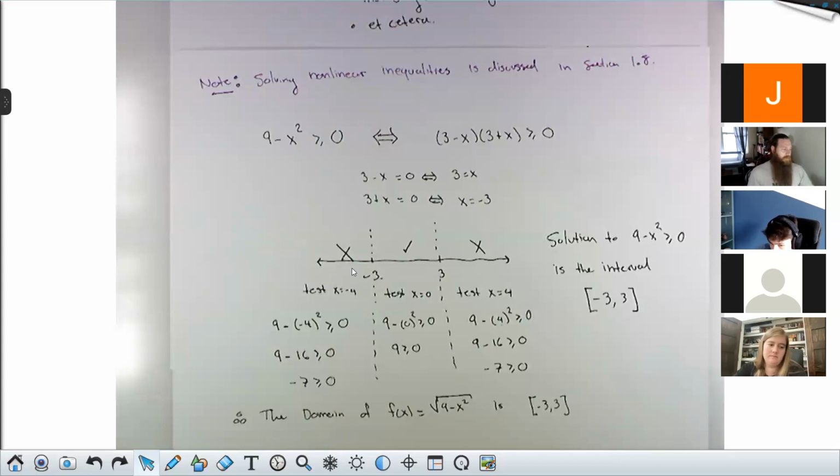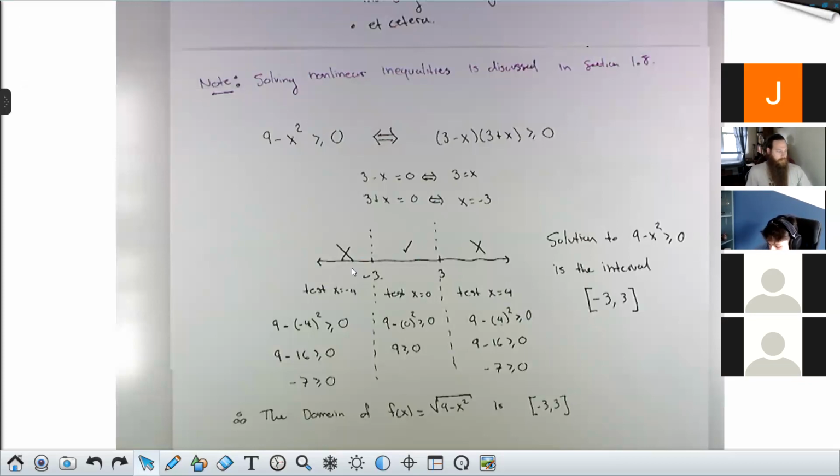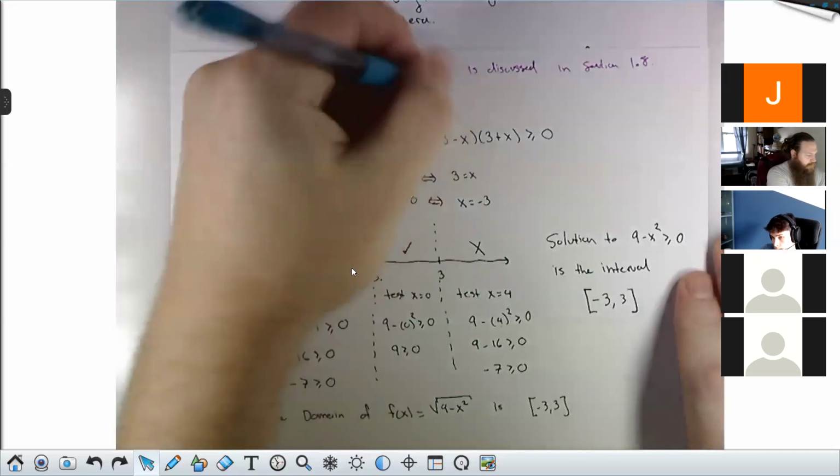Any questions on the example here? I have a question. Bianca, yes. So at the first step, did you factor? Yes. Was that the first step that was factoring? Yeah, from here to here, I factored. Okay, perfect. And the factoring rule I'm using there is called the difference of squares.